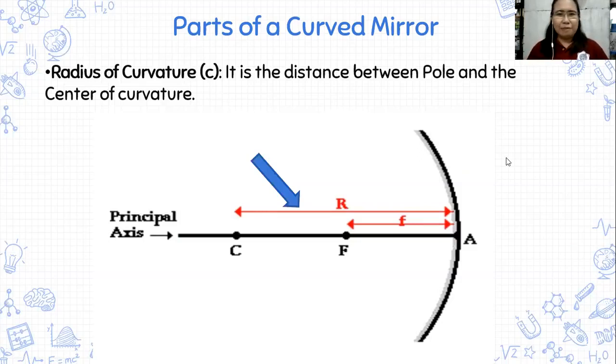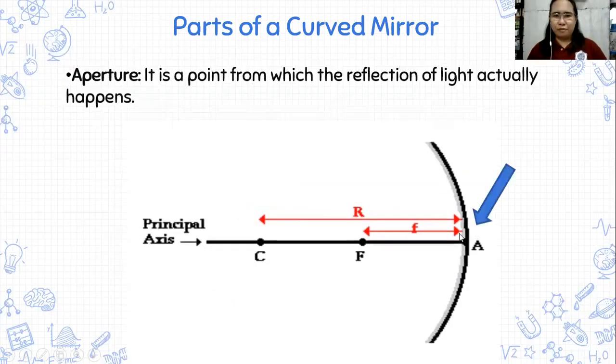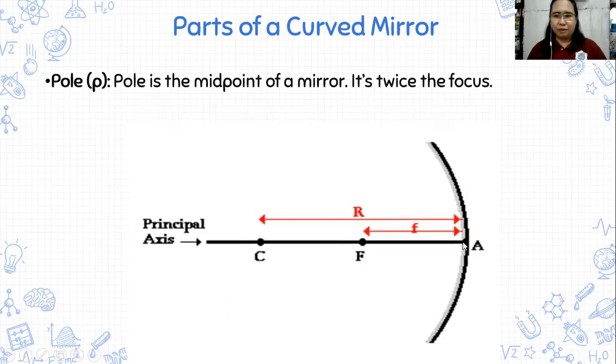So, before that, we have parts of a curved mirror. So, we have the radius of curvature, this one, the distance between the pole and the center of curvature. The center of curvature is this point. And we have the aperture, a point from which the reflection of light actually happens. Pole is the midpoint of the mirror, this one.